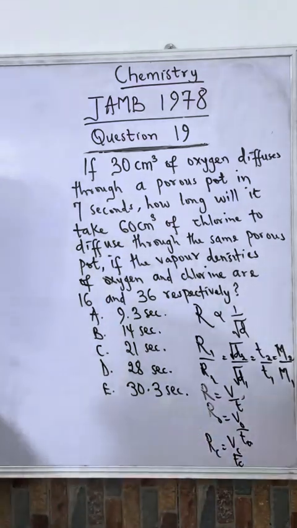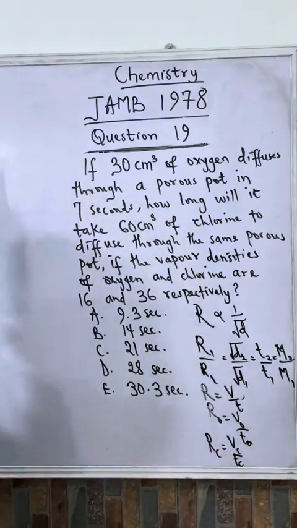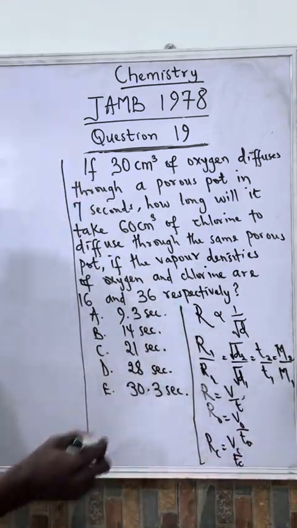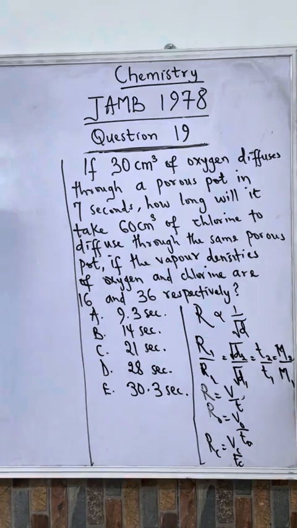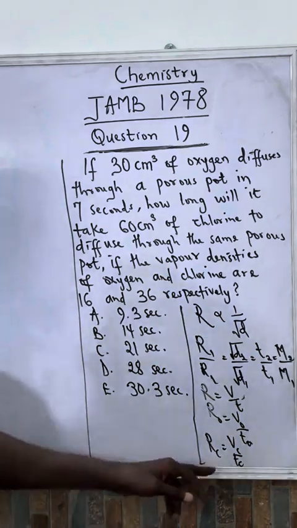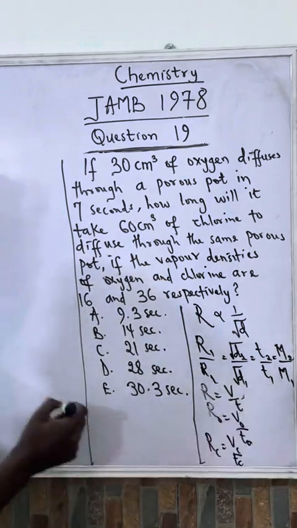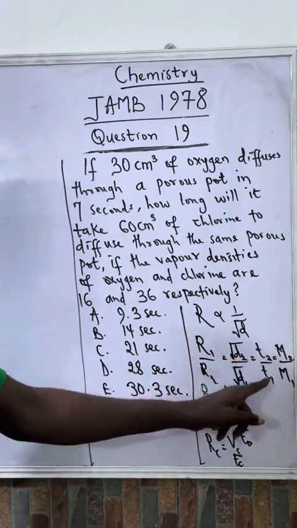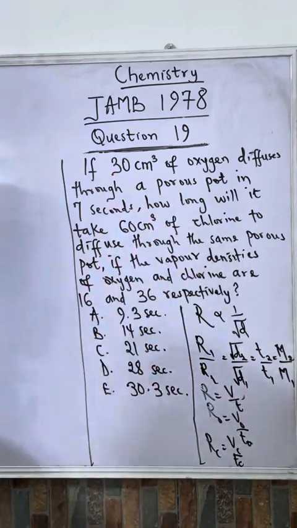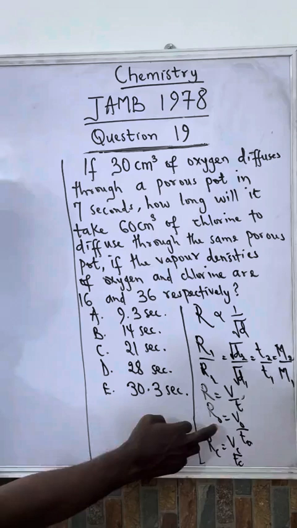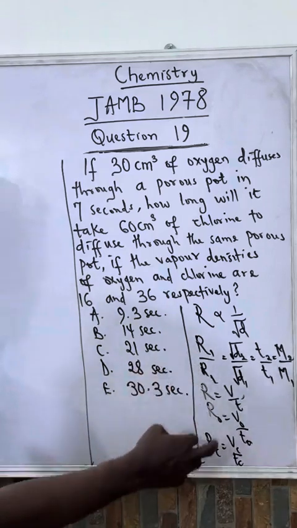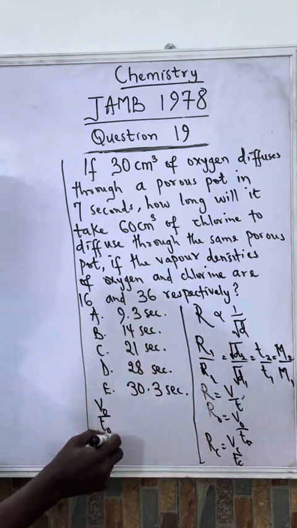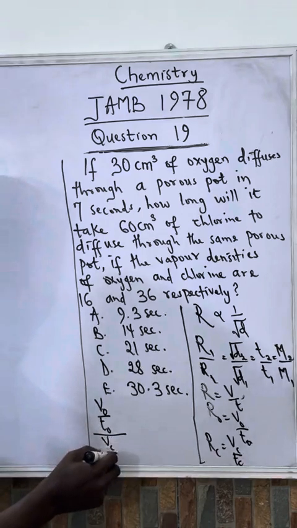So let's try to generate something interesting here. Let me divide the board here. I think I can use the other part of the board. Let's go. Now, I want to relate rate of diffusion of gas with time, because that's what I have here. So rate of diffusion of oxygen over rate of diffusion of chlorine will give me V naught over T naught divided by VC all over TC.